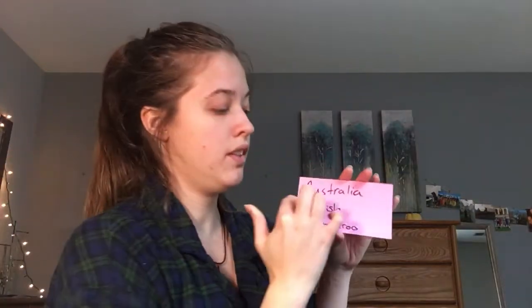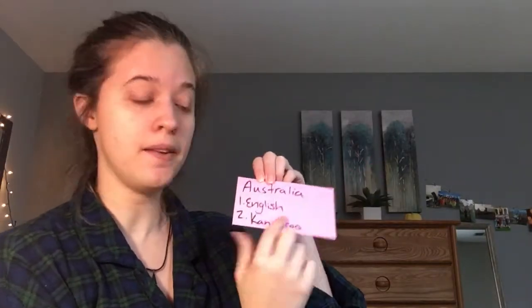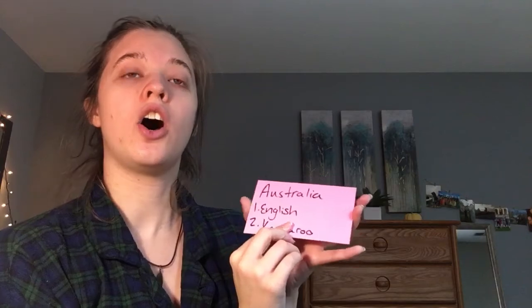But the first thing I want to do is I wrote out Australia. I wrote out all the continents on these little pieces of paper. This one says Australia. Okay, can you guys repeat that? Australia. Good job. And here there are going to be 2 facts, 2 things to know about that continent, okay?